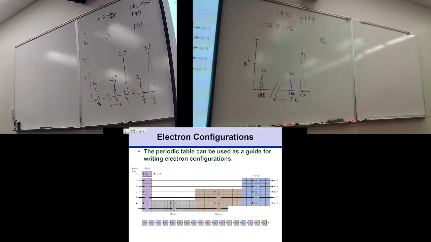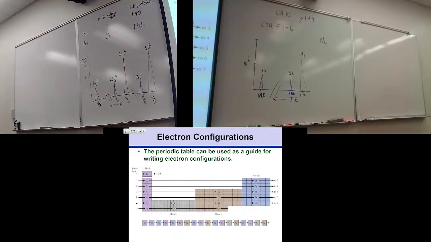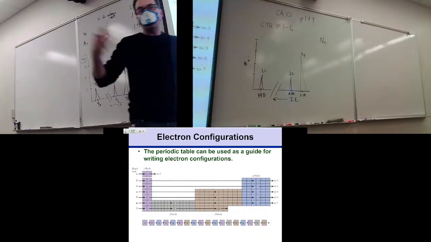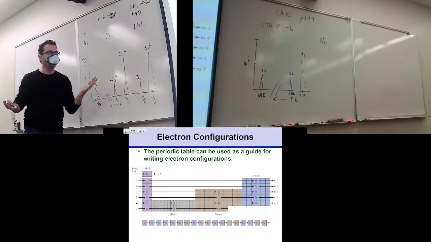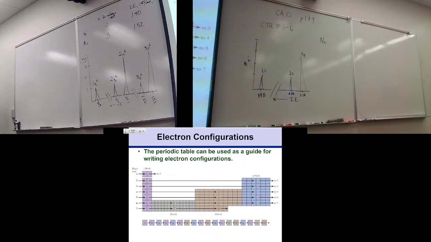Sulfur is right here, by the way. After 2P comes 3S, and after 3S comes 3P, and I would count 1, 2, 3, 4 to sulfur. So we put 4 electrons in the 3P block. Everything else is full. That's how I remember it. When you get to the D block, transition metals, you have to remember to subtract 1 from the shell number.